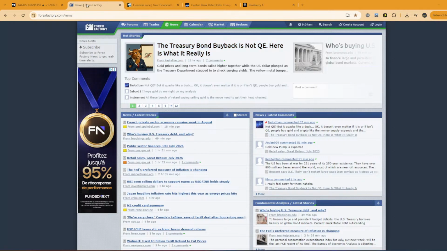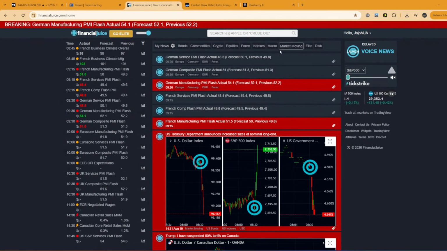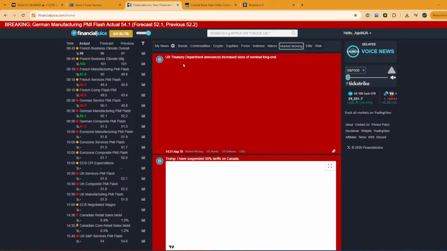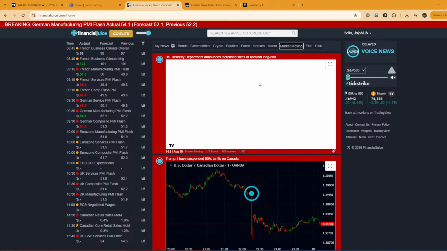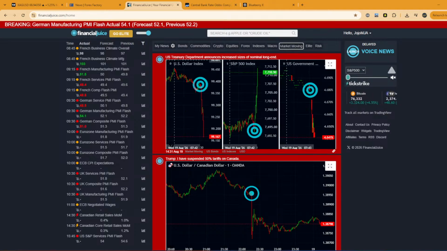But by the way, what I'm saying is that at the beginning of the week, the main trigger event of this week was this: the U.S. Treasury Department announced an increased size of buying back the U.S. debt.